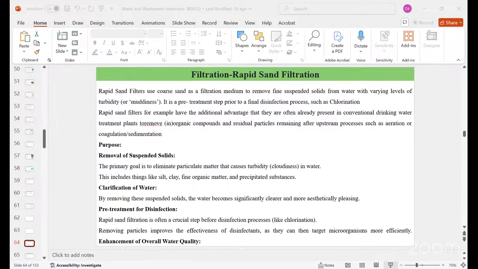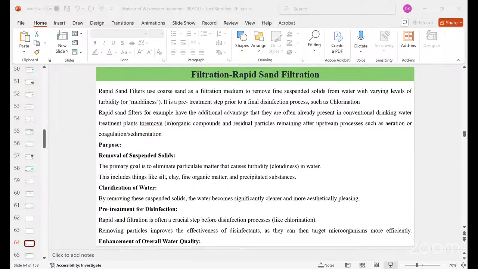The effective size represents the sieve size that allows 10% of the media to pass. Smaller effective sizes generally provide better particle removal but increase the head loss, and this typically ranges from 0.35 to 0.6 millimeters for sand.